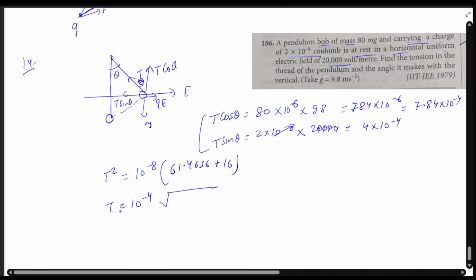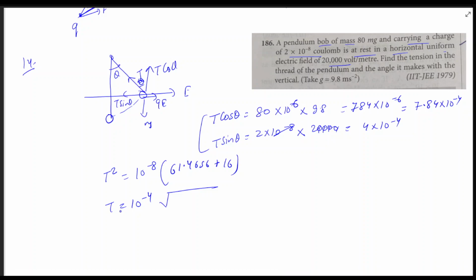So it will be 77.4656. So root 77.4656 will get 8.8. So it will be 8.8 into 10 raised to power minus 4 newtons.